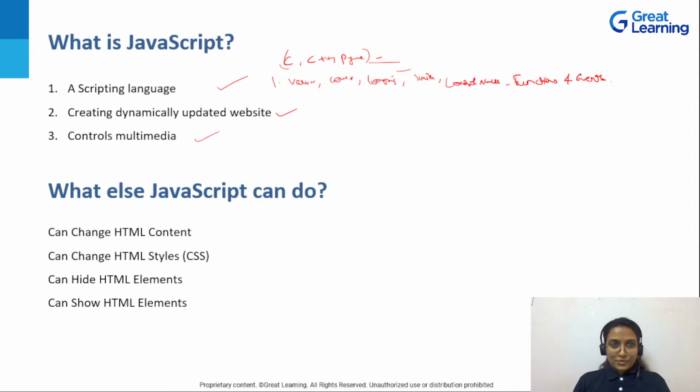So I already told you it is used in order to put up images, slide presentations, any audio integration, any video integration. Multimedia is nothing but all these elements: images, audio, video, everything comes under multimedia. So all these things we use JavaScript for. So that will always define JavaScript, right?